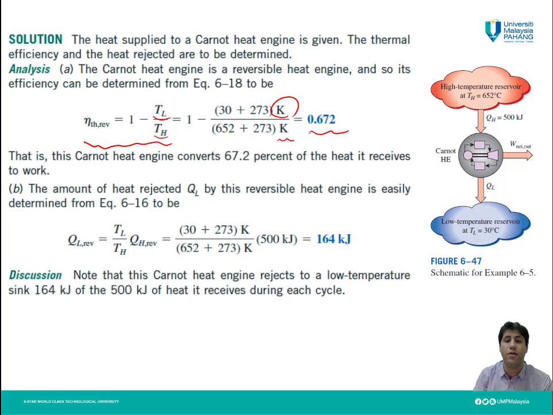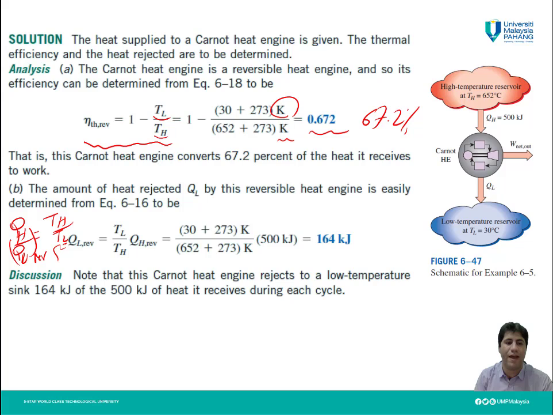0.672 or 67.2%, which is a significant, or a high amount of efficiency for a heat engine actually. And to find the answer for part B, as you remember, we had this equation: QH to QL was equal to TH to TL for a reversible cycle.